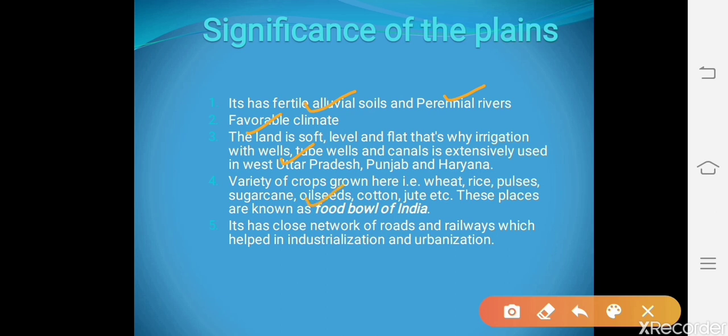A variety of crops are grown, that is wheat, rice, pulses. Specifically Punjab and Haryana are called the food bowls of India. And because of the flat land, we can easily construct roads and railways. That's why industries are increasing, and urbanization of cities is also increasing in these areas.